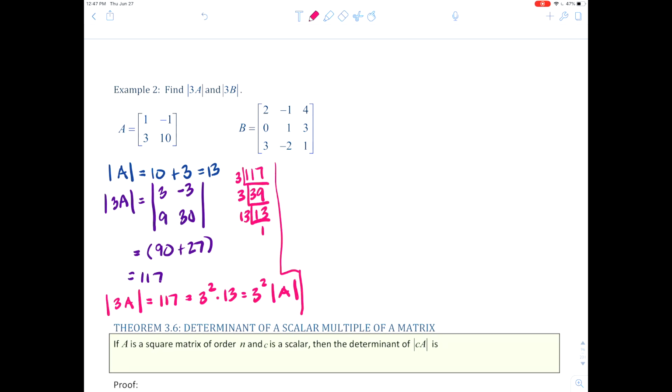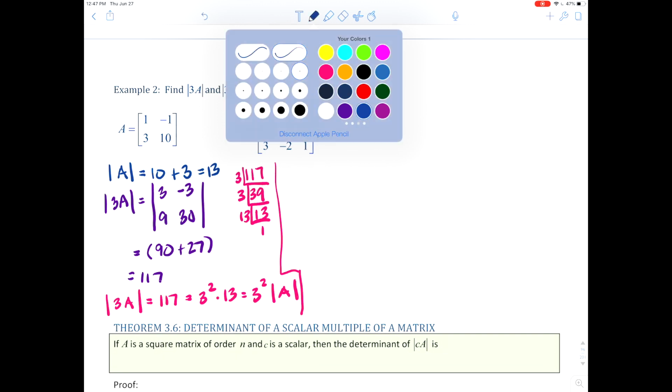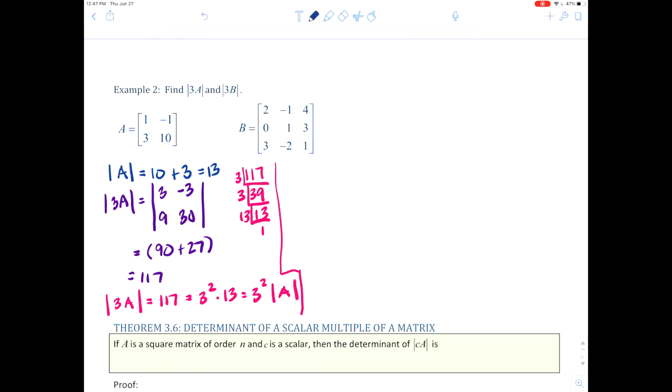So what would our supposition be about the determinant of quantity 3 times B? We know that the determinant of B is equal to -7 because that's from example 1. We already did this.